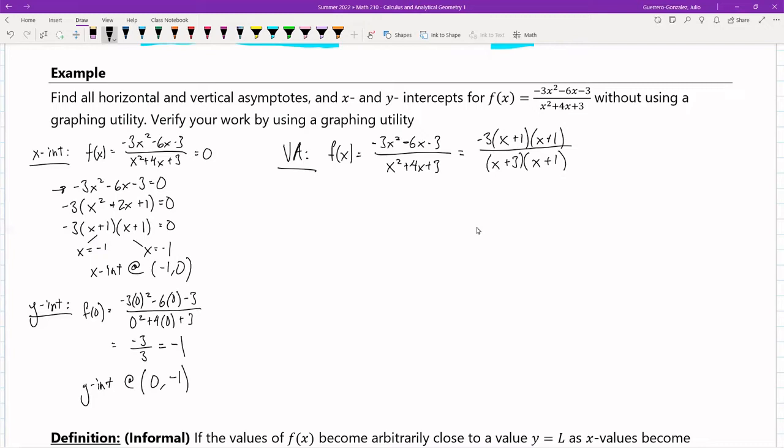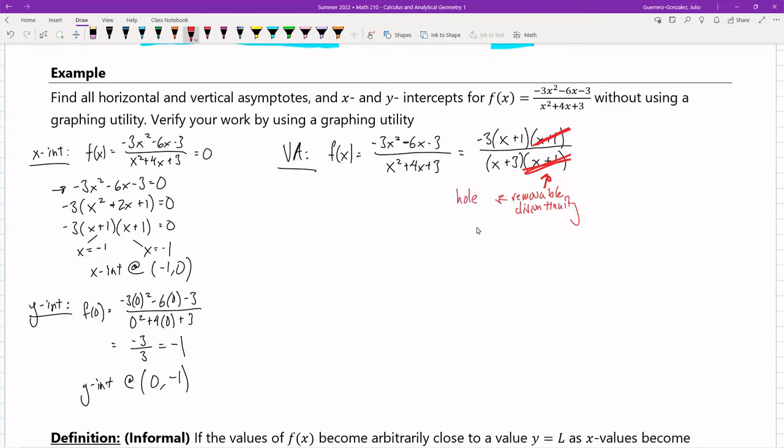Okay. Now, you guys can see here that there is an x plus 1 on the top, and it can cancel out with the x plus 1 on the bottom, right? If you guys recall, this cancellation produced something specific in a graph, and that thing was a removable discontinuity, or what it's more commonly called, a hole.